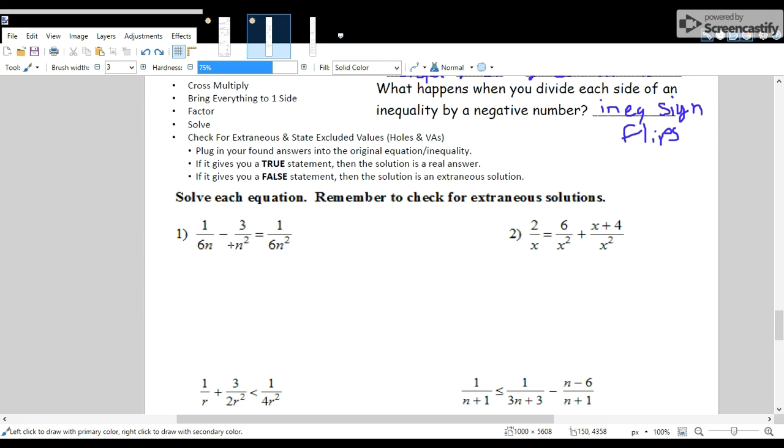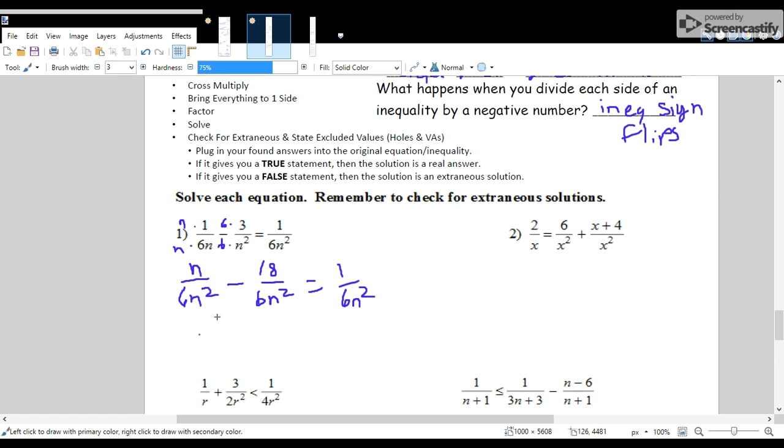So to get this one, we're going to multiply each one of these by 6. To get this one to be 6n squared, we're going to multiply each one by n. So to set up this equation, we have n over 6n squared minus 18 over 6n squared equals 1 over 6n squared.